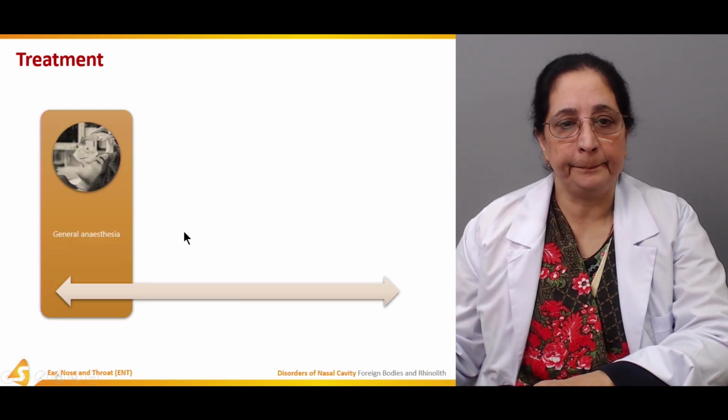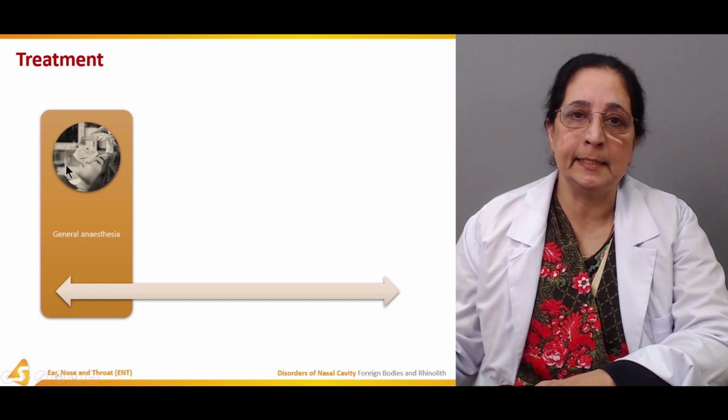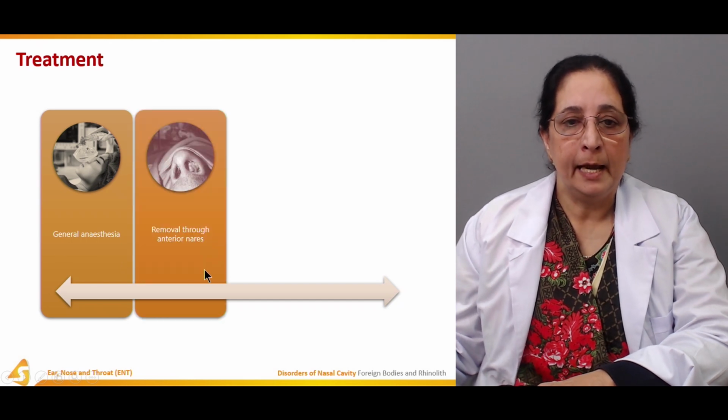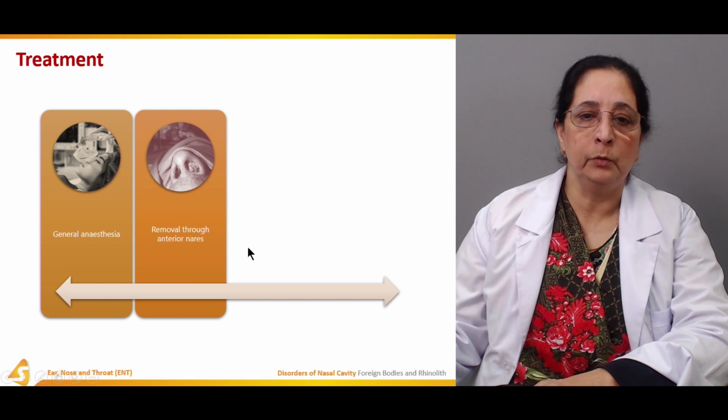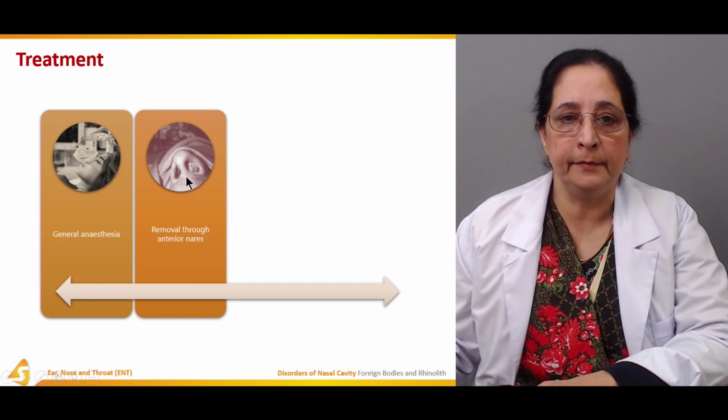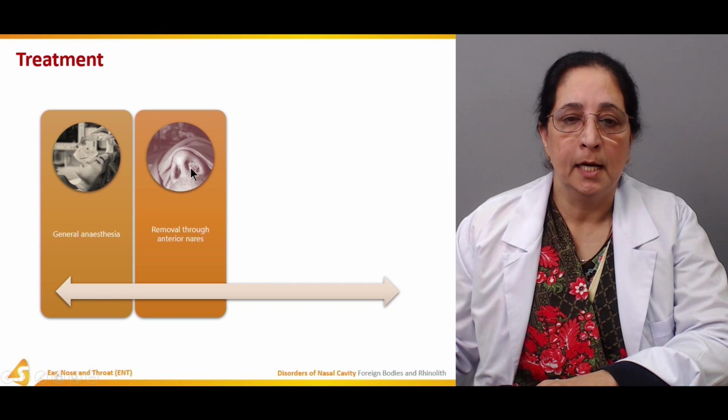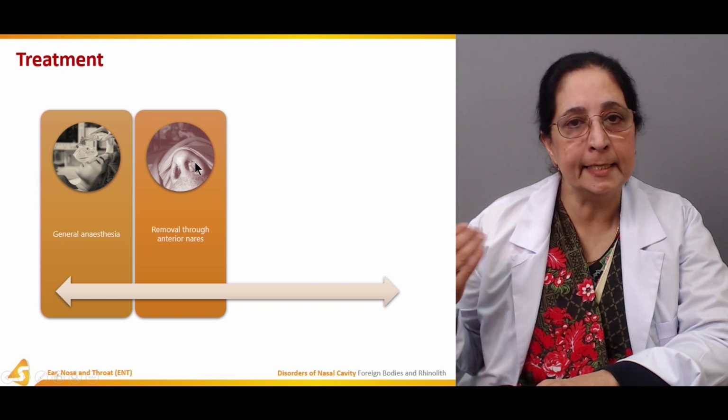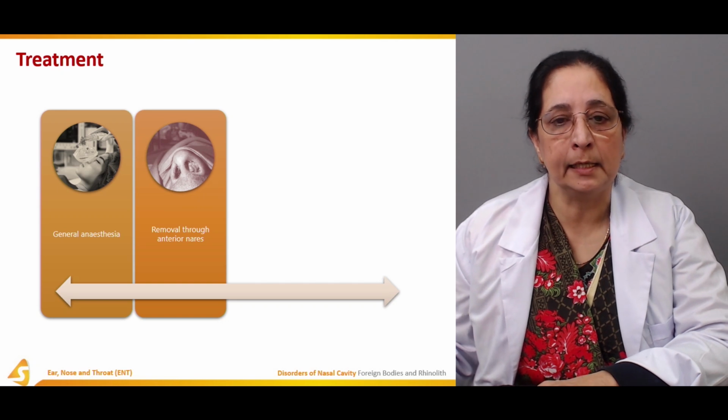Treatment: first general anesthesia is given, and then removal through the anterior nares. If there is a stone present, under anesthesia it is removed from the anterior side of the nasal cavity.